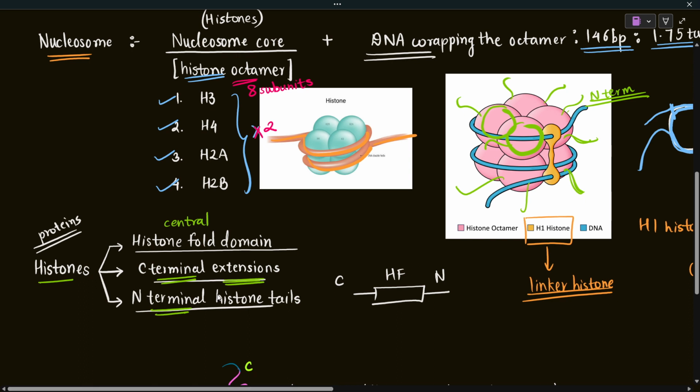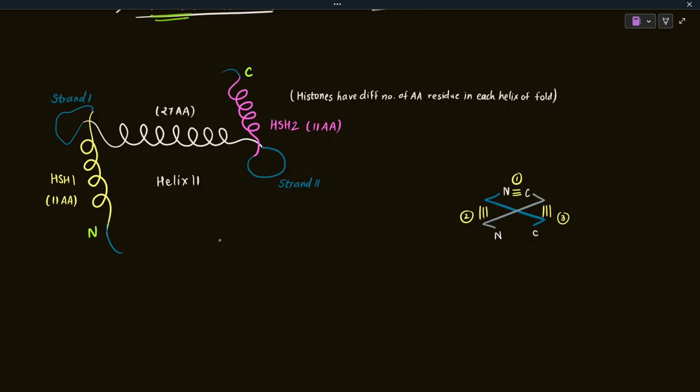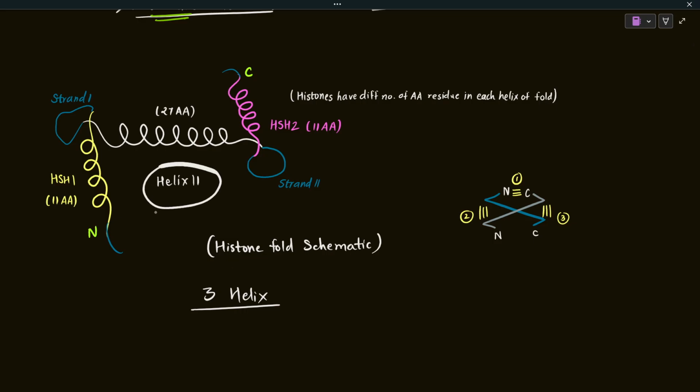Now let's take a look at the histone fold domain. This is a histone fold schematic. I made this for you guys to understand. The histone fold is made up of three helices. The centrally located and biggest one is helix 2.